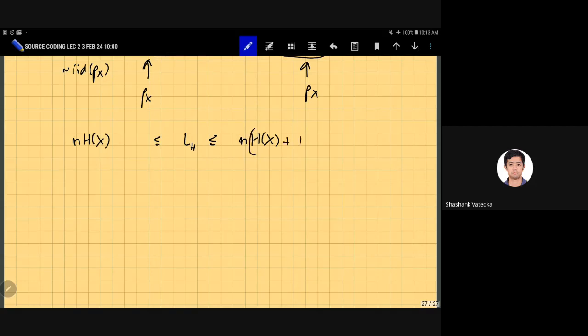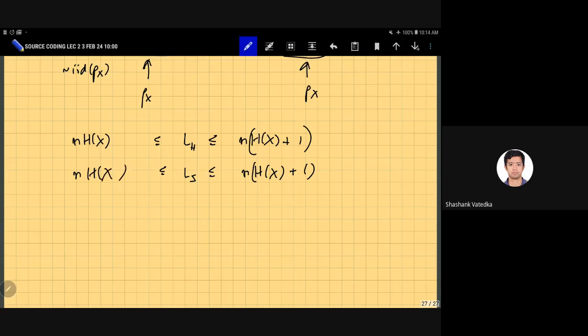Similarly, the expected length achieved by the Shannon code would still be between n H(X) and n H(X) plus 1 bits.